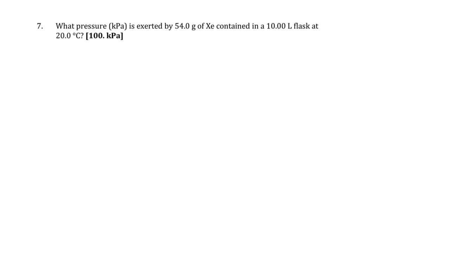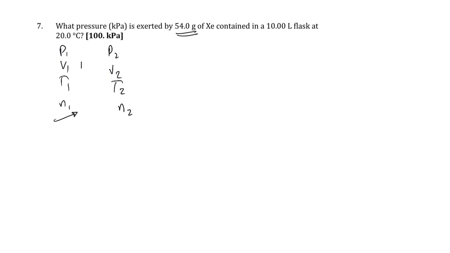Okay, next question. What pressure is exerted by 54 grams of xenon contained in a 10-liter flask? Again, this will be the ideal gas law. Because if you do P1, V1, T1, N1, P2, V2, T2, N2, they give me some grams, so from that I can find moles.